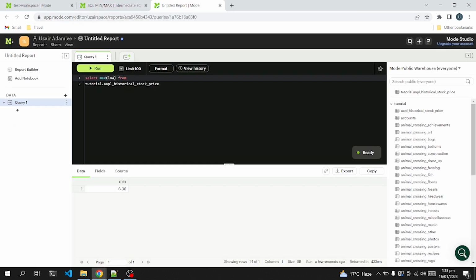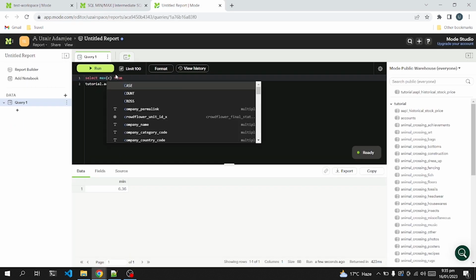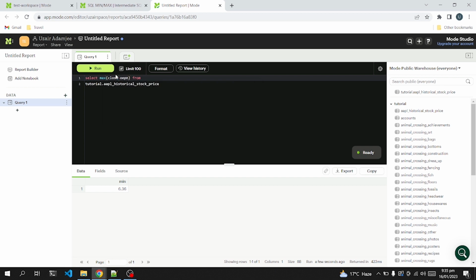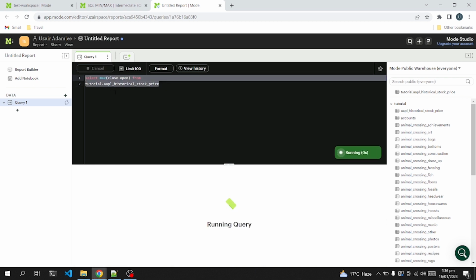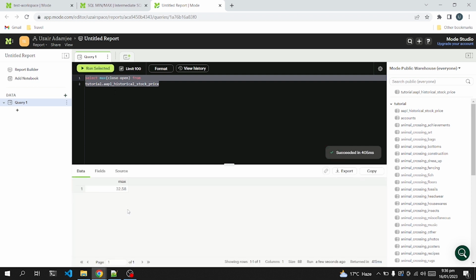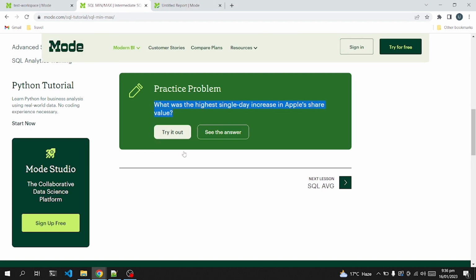We will be using the max function. So take the difference between close and open and find the max of all those values. So yes, 32.58 is the maximum.